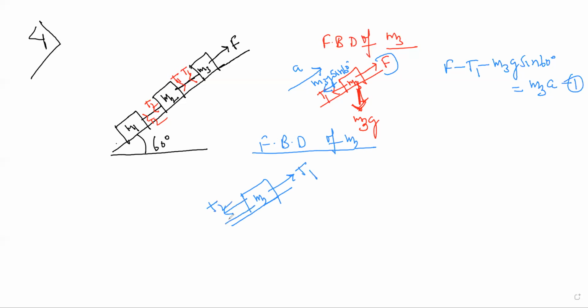In this direction the component of its weight, M2g sin 60 degrees, is acting. We have assumed that it is accelerating upwards. So the equation will go: T1 minus T2 minus M2g sin 60 degrees is equal to M2 times a. This is equation number 2.